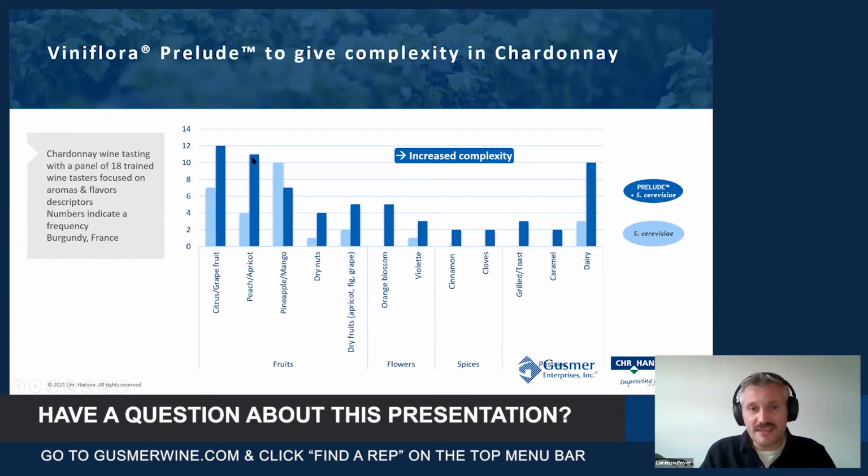You can see here that the dark blue bars represent a vinification with Prelude, and that this is being scored just higher. There is not a pinpoint on one or two flavor notes. It's a general complexity that is being increased.